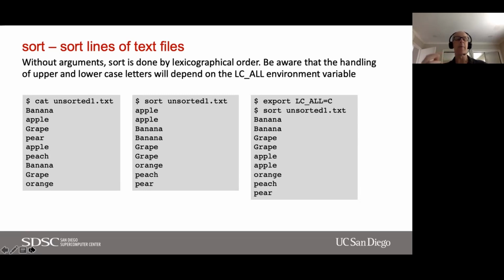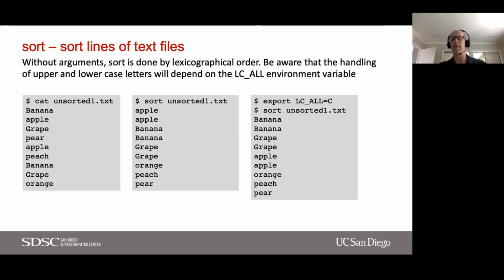If we have numbers in there, the sorting is going to be based on the ASCII lexicographical ordering. Now, if you have this environment variable set, LC_ALL, if I set that equal to C, now when I do a sorting, I'm going to get a strict ASCII ordering, in which case the capital letters occur before the lowercase letters.